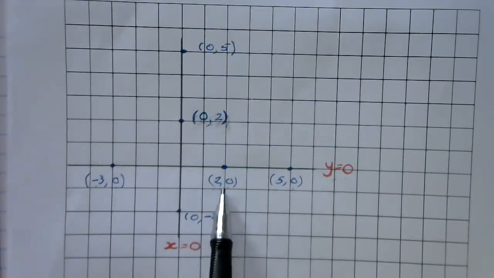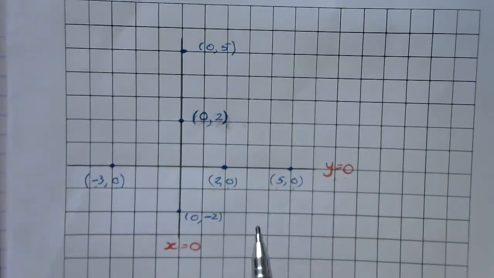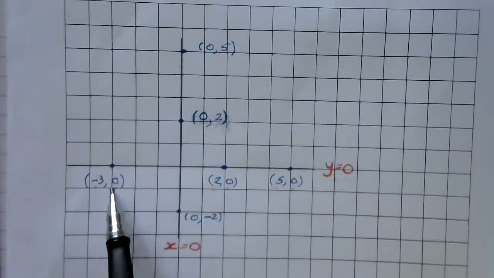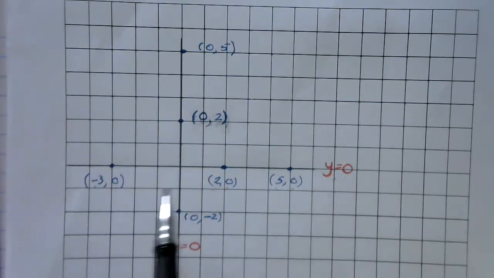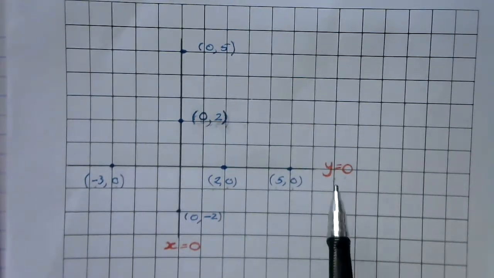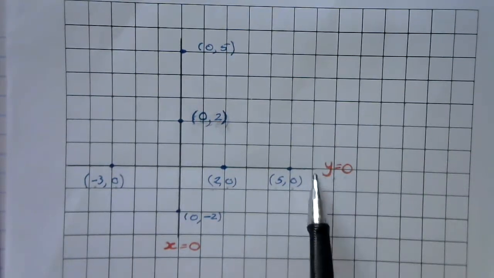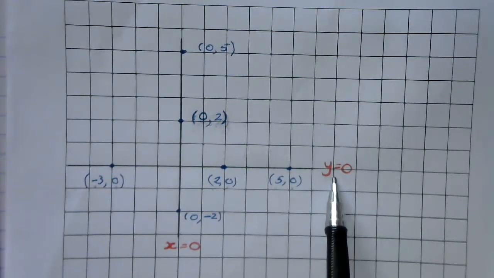This point 2, 0, and this point 5, 0. And we notice that in all the coordinates of points on the x-axis, the y-coordinate is 0. So I can define this line, the x-axis, as y equals 0.